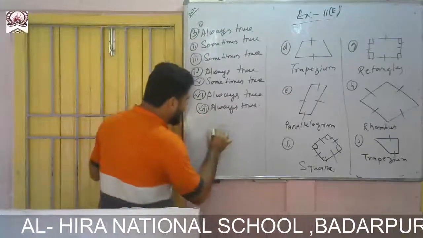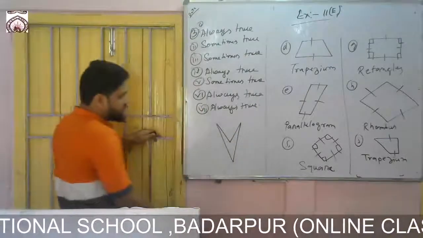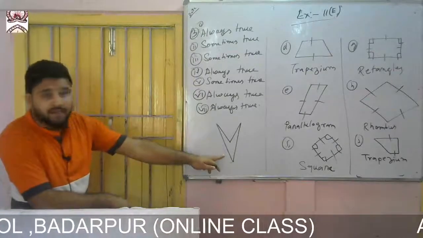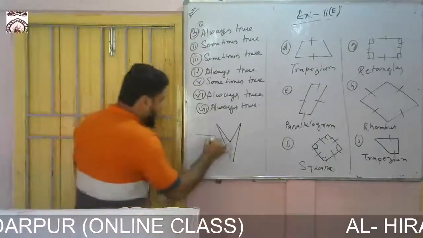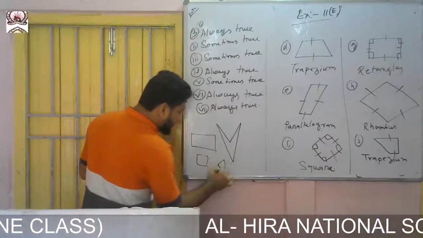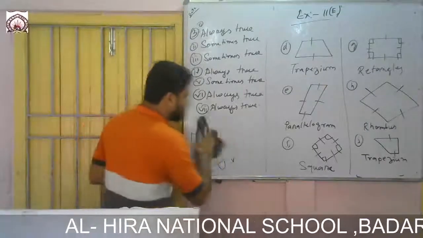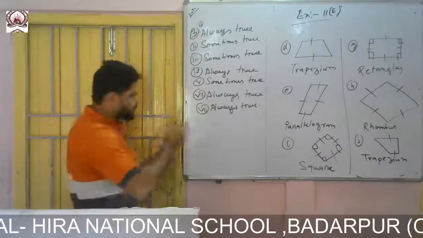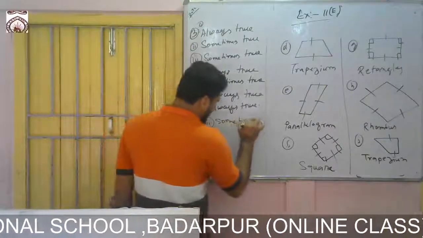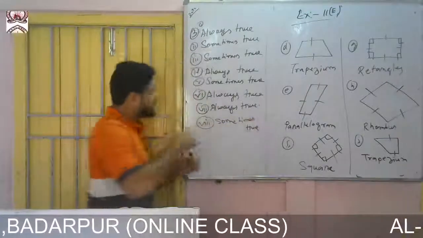If I draw this one, 1 2 3 4, is this a parallelogram? No. But if I draw this one, square, rectangle, then rhombus, these all are parallelograms. So sometimes, not all the time. So it is sometimes true.